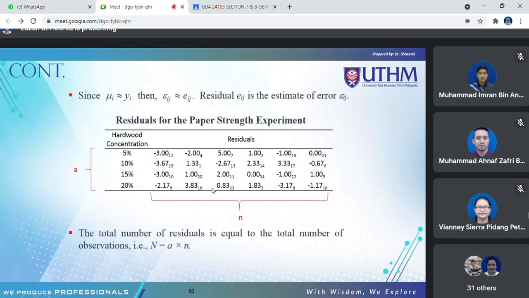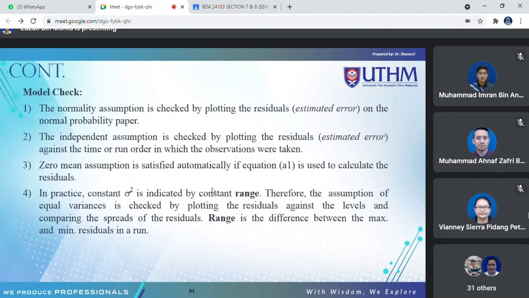So we calculate it, we record it, and then we can calculate the residual, and then we can plot a time table. The independent assumption is checked by plotting the residual estimated error against the time or run order in which the observation was taken.